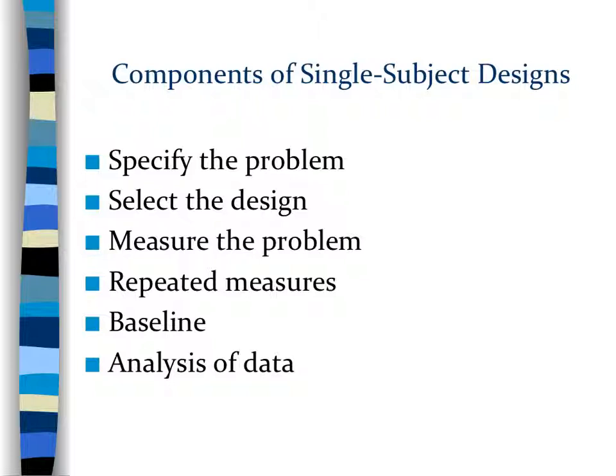The term baseline can also refer to a period of time following a treatment in which conditions match what was present in the original baseline. The treatment condition is a period of time during which the experimental manipulation is introduced and the target behavior continues to be observed and recorded.